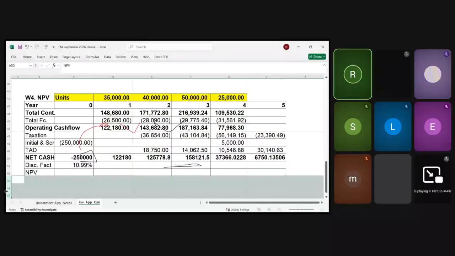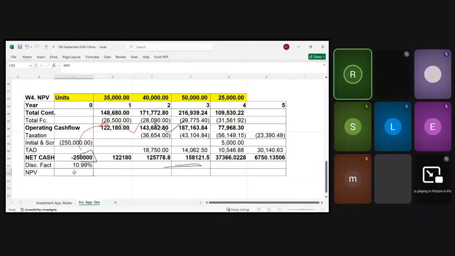I'm also going to present it in another way so that you guys are satisfied. In year 0 we don't discount any value, so we just reference that, and then we type manually NPV, open bracket, then discount factor, comma, highlight the rest of the values there, close, enter.